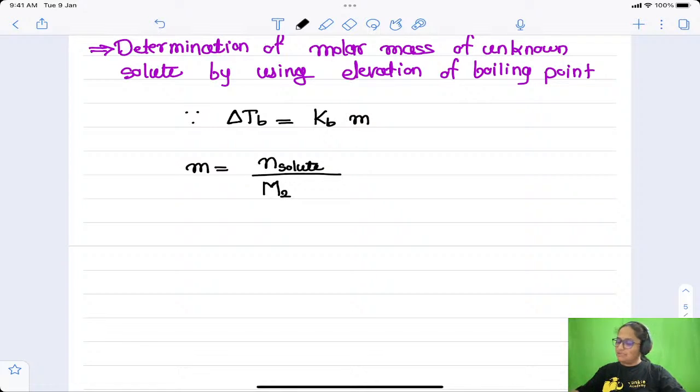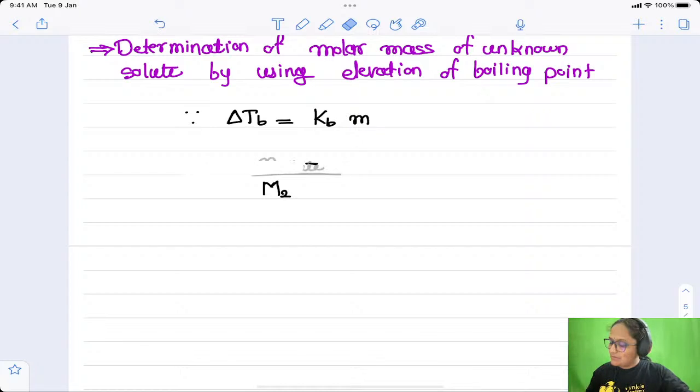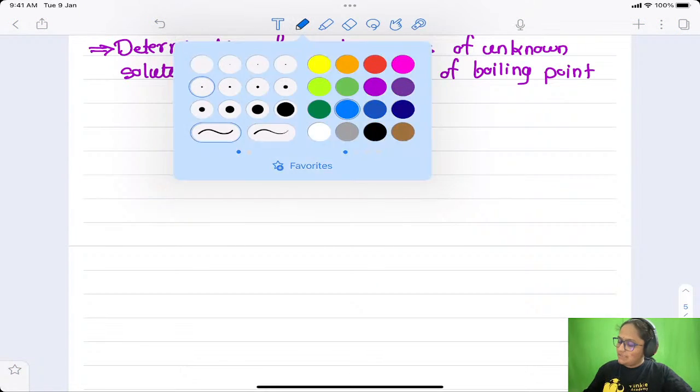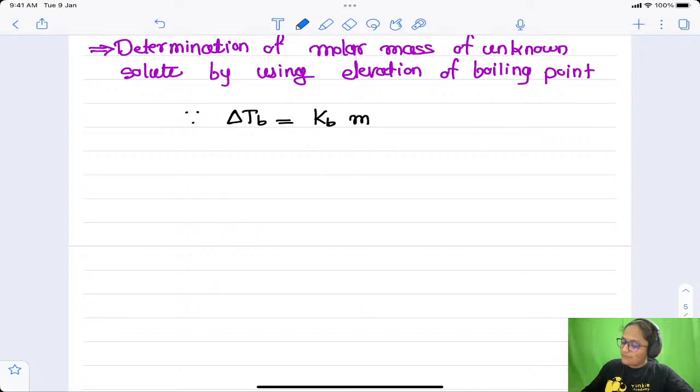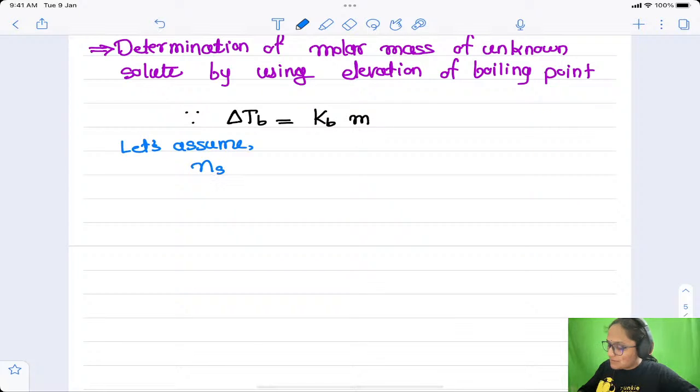Okay, first of all let me write down the symbols here. Let us assume n solute is the number of moles of solute.